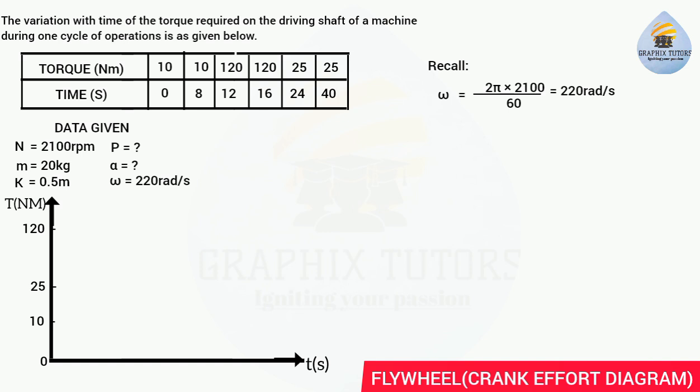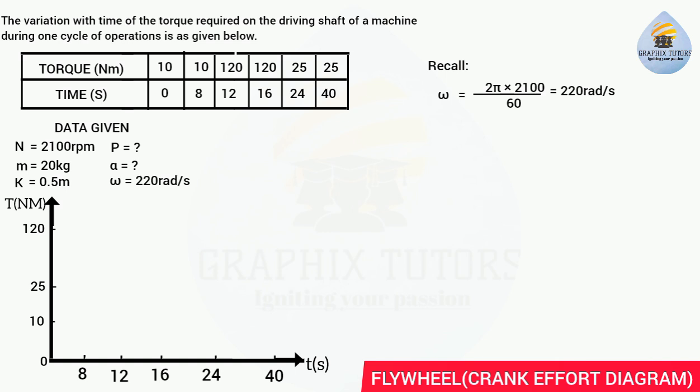Now, for the time, we have starting from 0, followed by 8, then 12, 16, 24, and 40. You must not repeat any value. Is that okay? Now, we move.